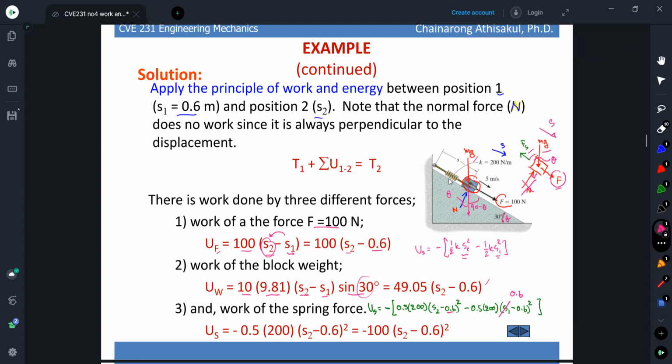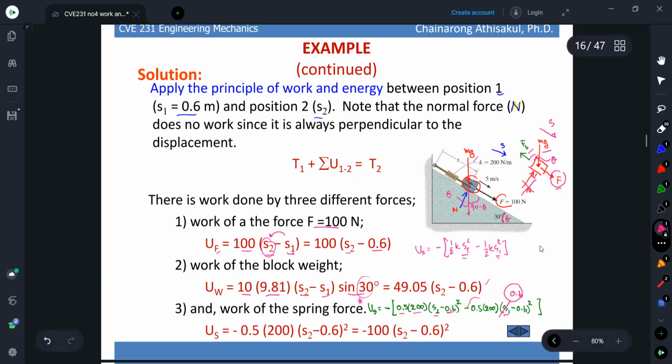So k is 200 Newton per meter, S2 is the second position minus 0.6, and the first position starts at the unstretched position, 0.6 also.